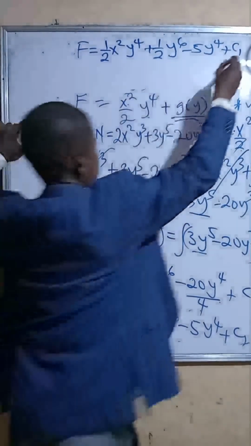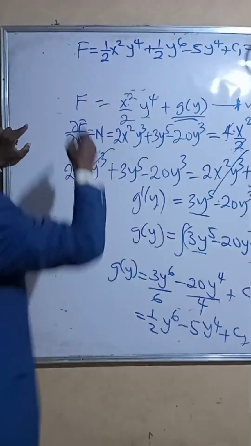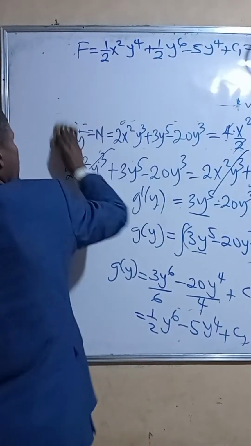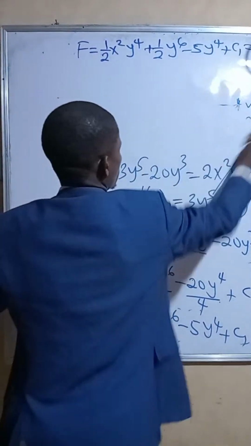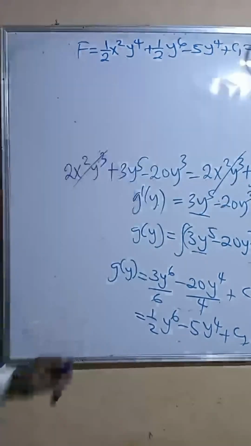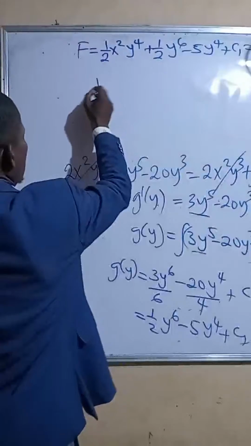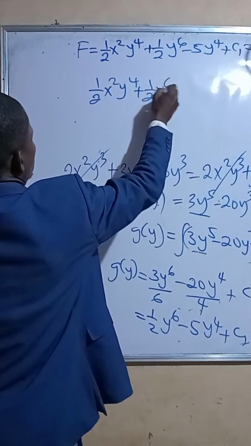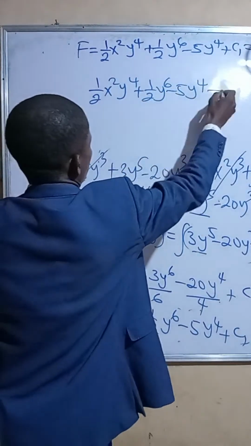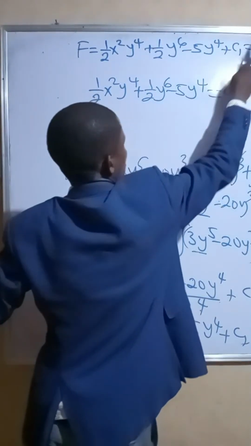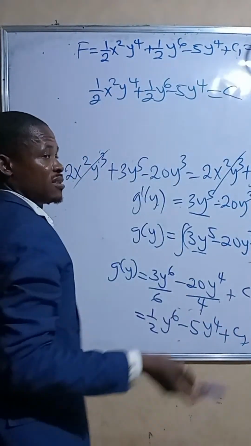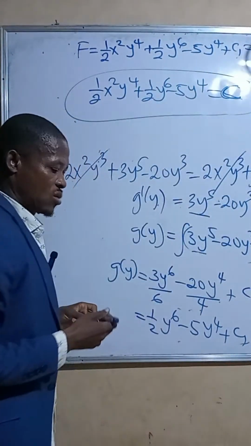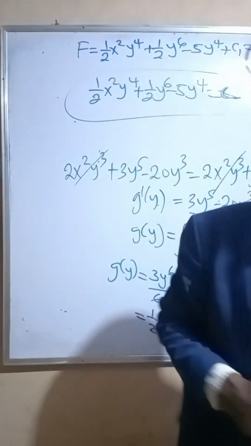This must be equal to capital C. So, final conclusion, we have this one equal to C. You combine this capital C and C1 together, it will give you C. So that's that on that particular question.